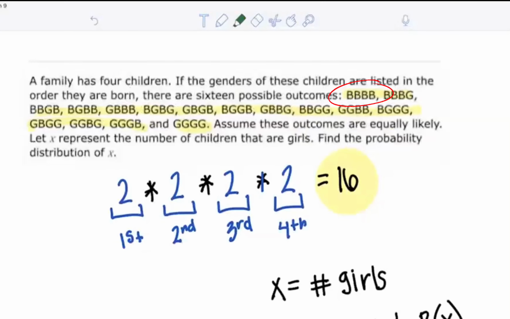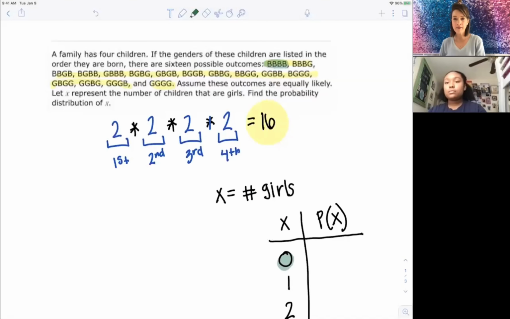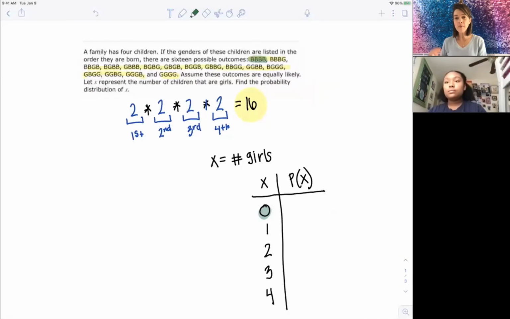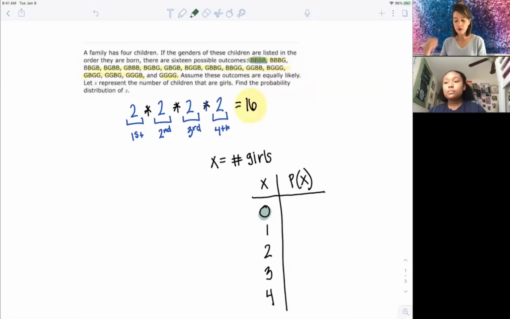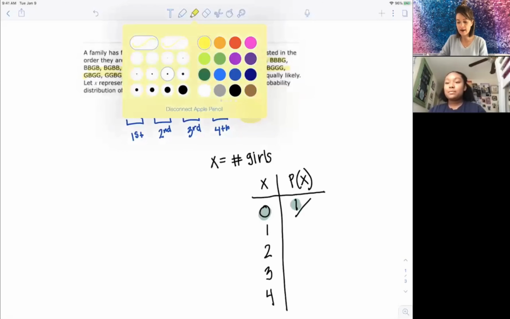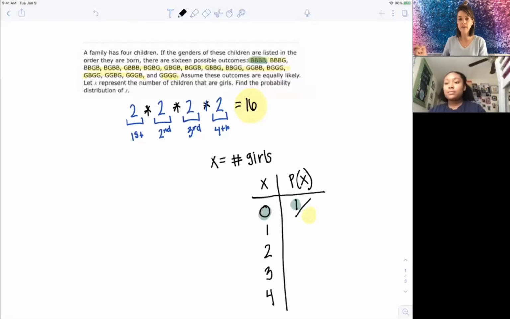There's all boys. Okay, so that would be boy, boy, boy, boy. And there's only 1 situation where that happens. So the probability that we get a family that has no girls, meaning it's all boys, would be, well, how many ways can that happen? 1 way. Out of how many total ways to have a family in this case?